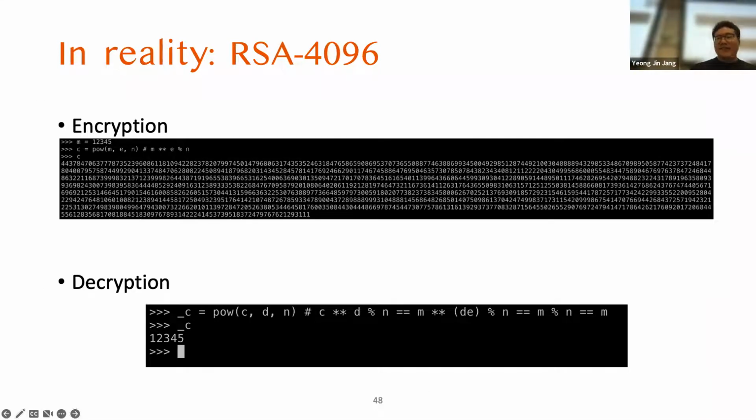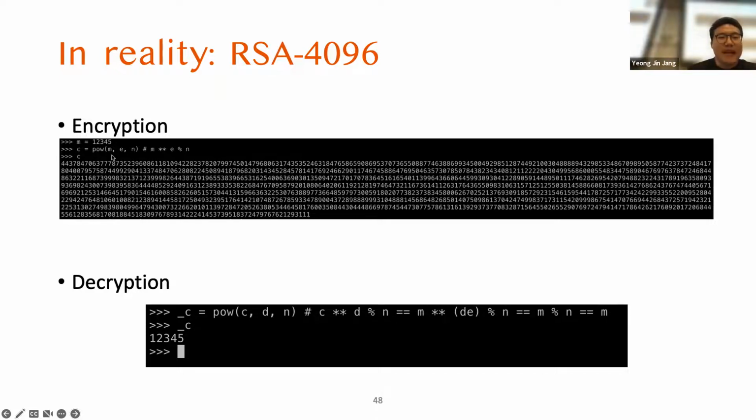And how the encryption works is that, suppose the message is 1, 2, 3, 4, 5. We apply the power operation to the message using E as the exponent, which is 65537, and we provide N as the modulo part. Then it will calculate the ciphertext like this.